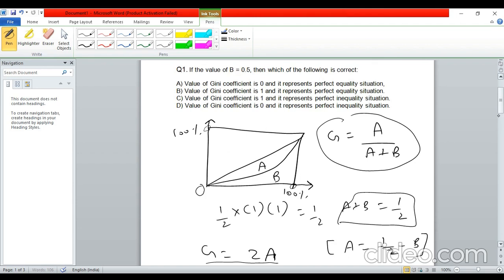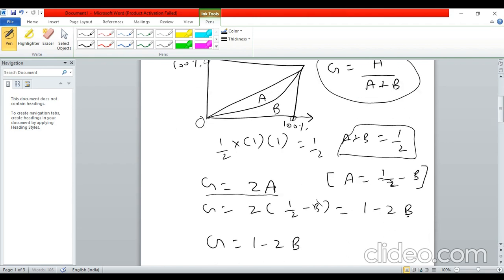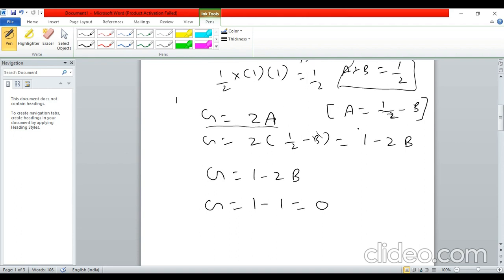If you can remember this, then it is very good, and you can directly put the value of B and get the answer. But if you don't remember, like me, because I do not like to remember these formulas, you can quickly derive it like this. So G is equal to 1 minus 2B, and B we were given as 0.5, so G will be equal to 0, right?